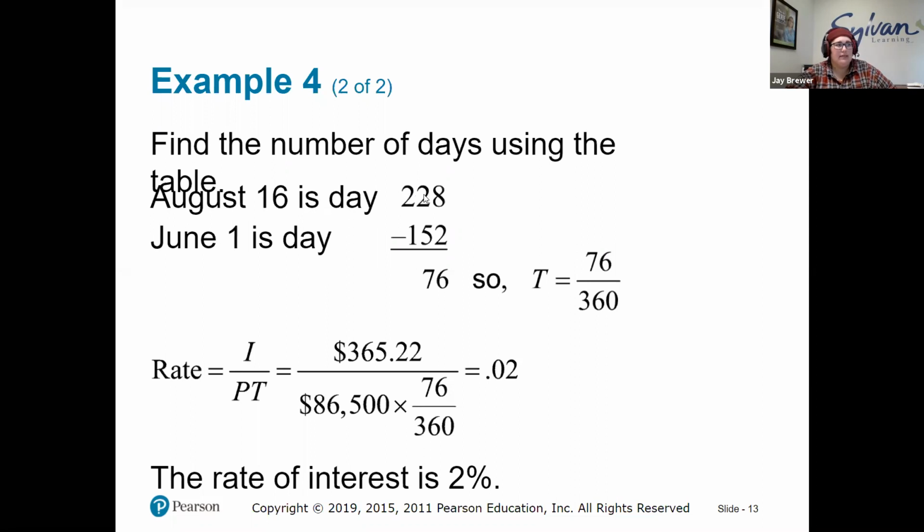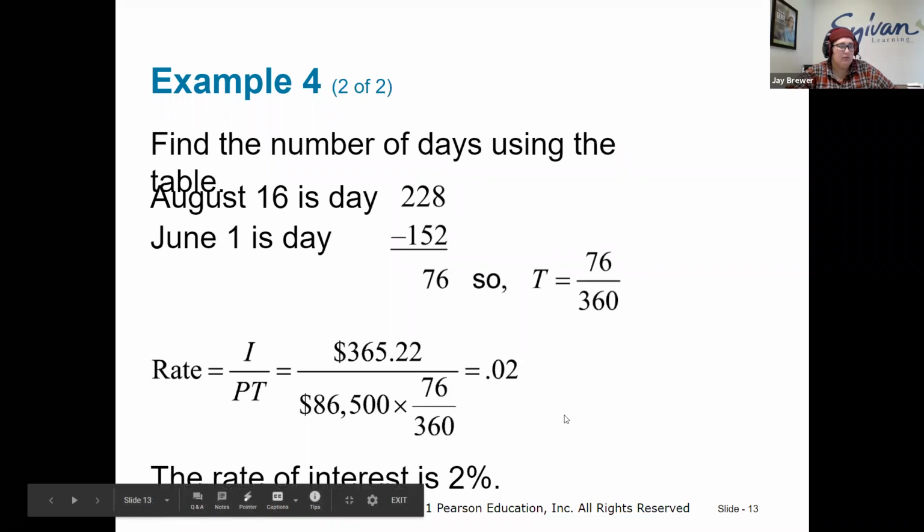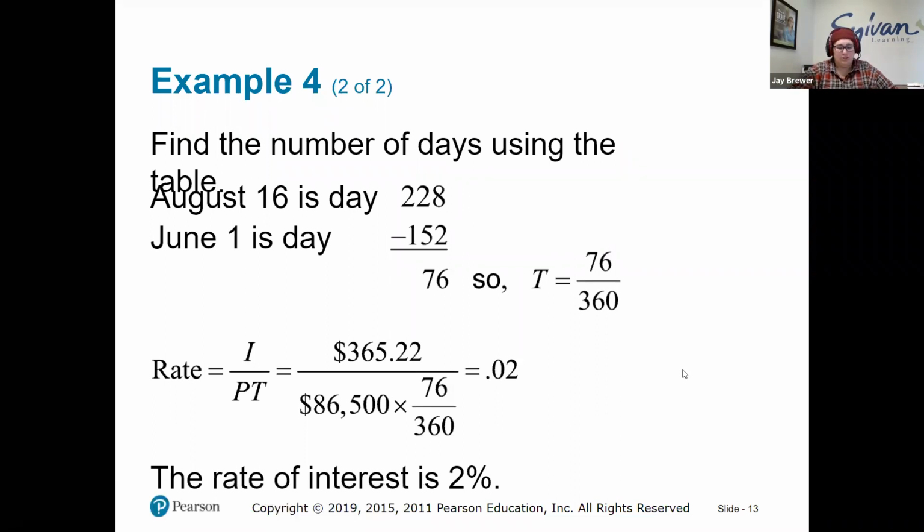August 16th is day 228. June 1st is day 152. So they found the difference in the days to be 76. 76 over 360 is their time. They were given their interest, they were given the principal. So when they work it out, they end up with a rate of 2%.